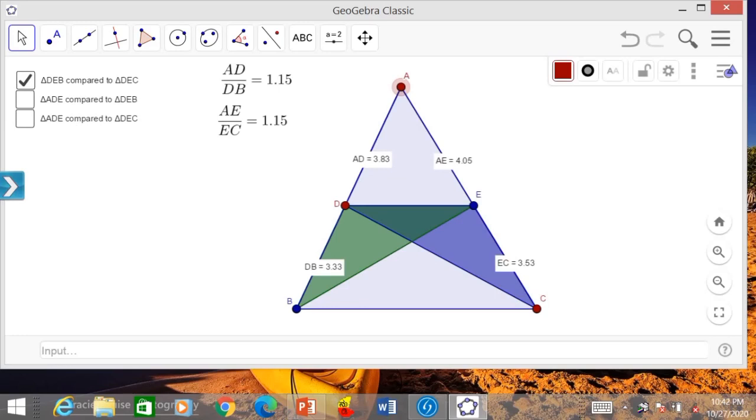Triangle DEB and triangle DEC lie on the same base, that is DE, and they lie between the same parallel lines, DE and BC. So the area of triangle DEB and the area of triangle DEC are equal.